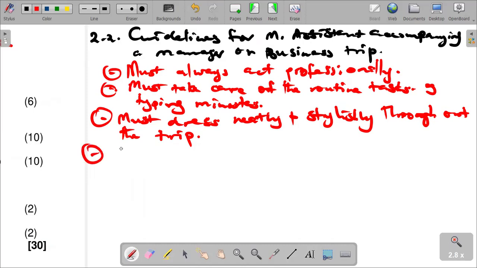Therefore, the management assistant must select outfits carefully. The careful selection means that each outfit matches the function for which it is designed.